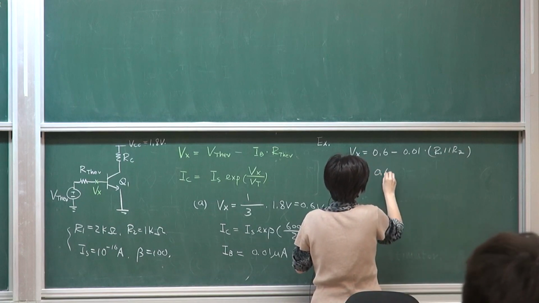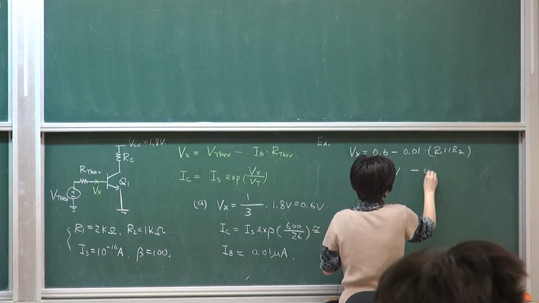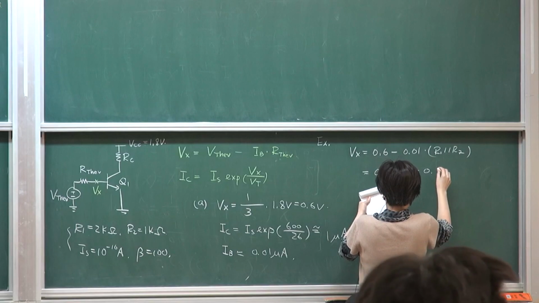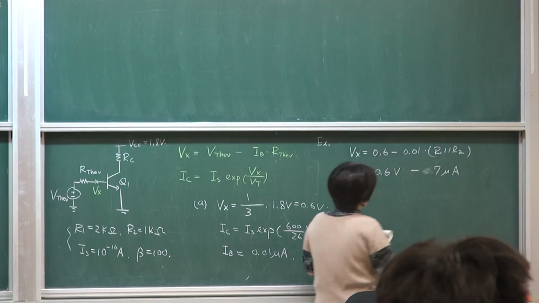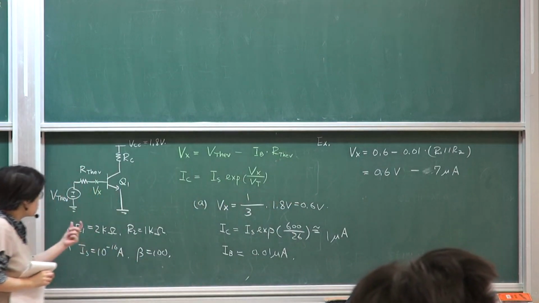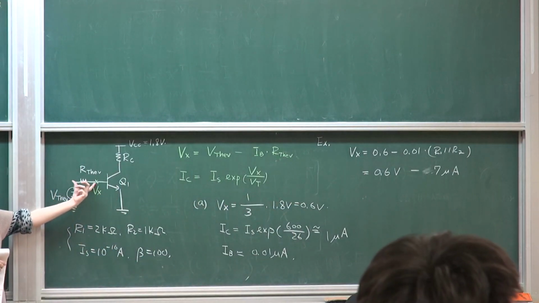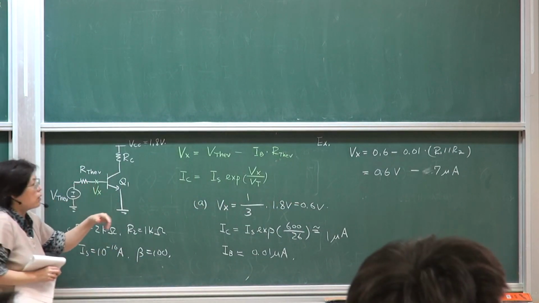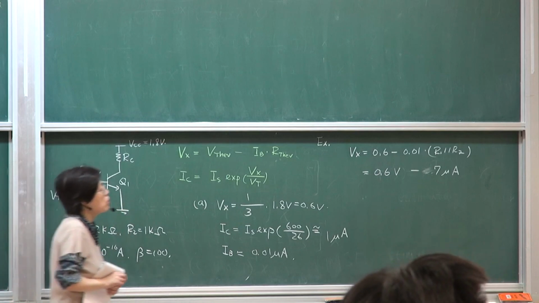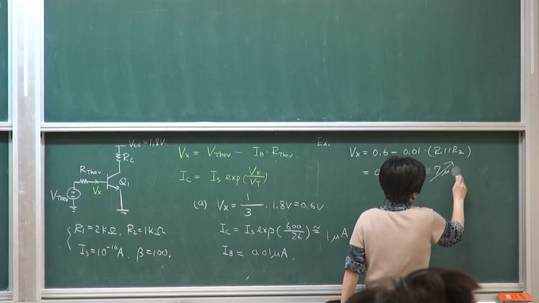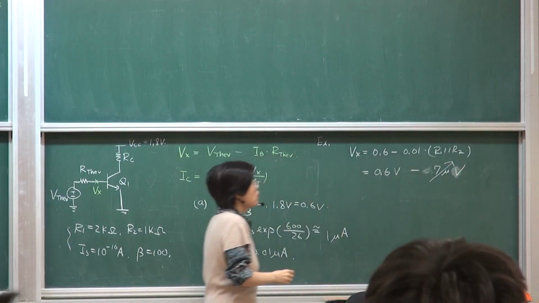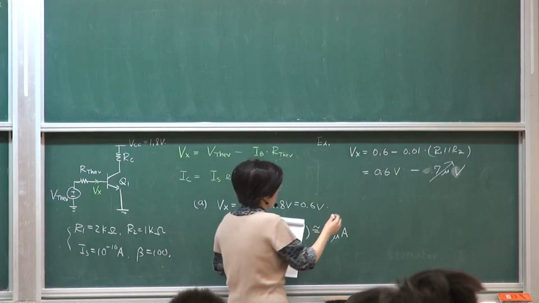So this will be 0.6 volts, and let me give you a number, this is 7 microvolts. So just to give you that, the correction, the voltage across this resistance is very small in comparison to the overall voltage. So you can simply ignore that, and then you get very close to 0.6.